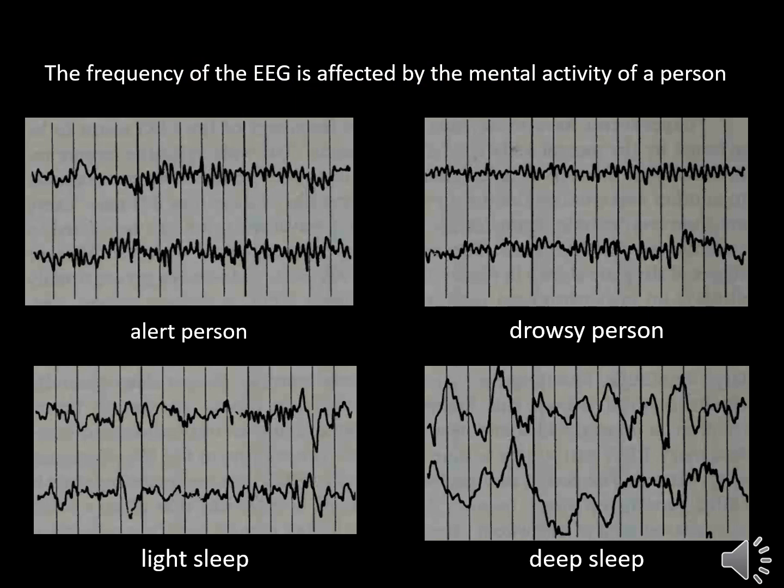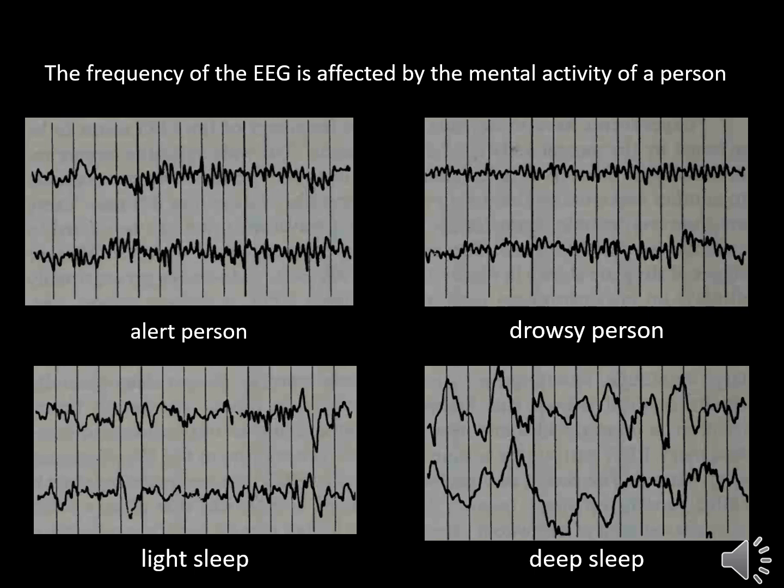Experiments have shown that the frequency of EEG seems to be affected by the mental activity of a person. For understanding this, let's consider the waveforms associated with different stages of sleep. An awake or alert person usually displays an unsynchronized high frequency EEG.